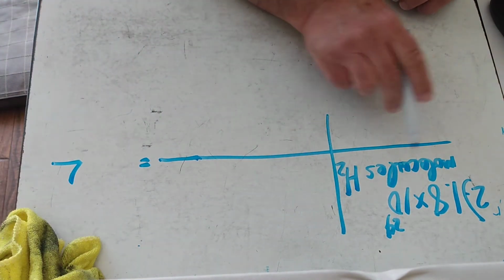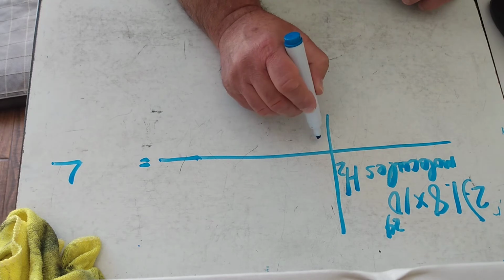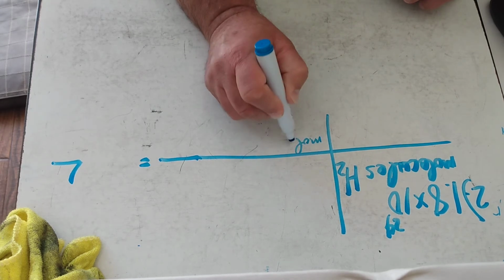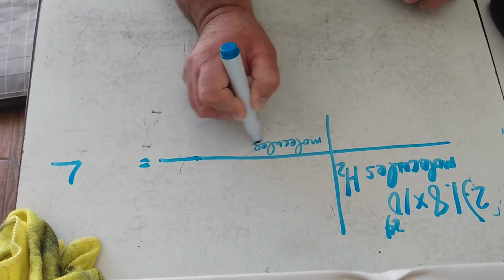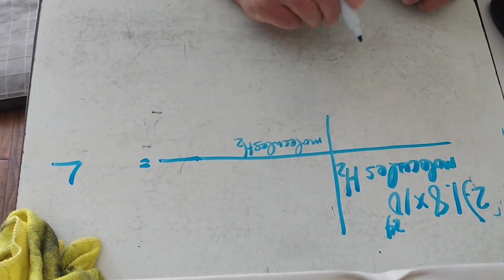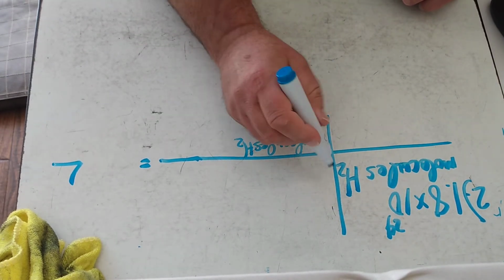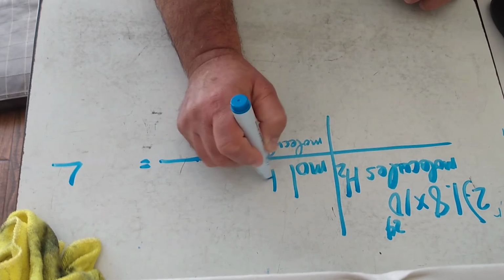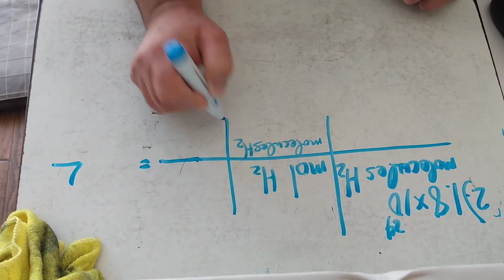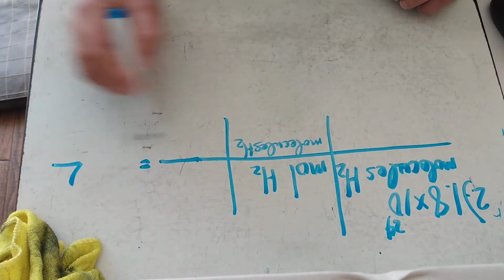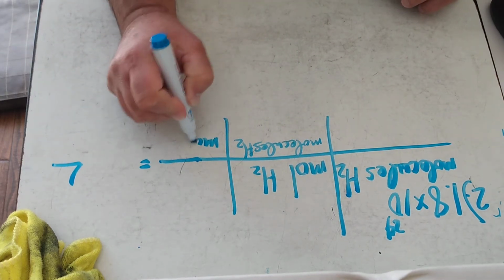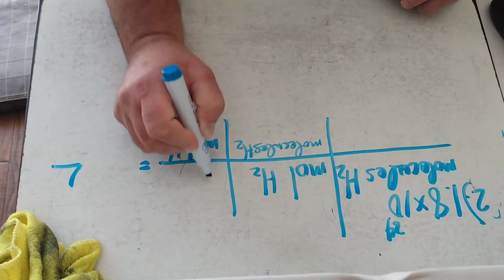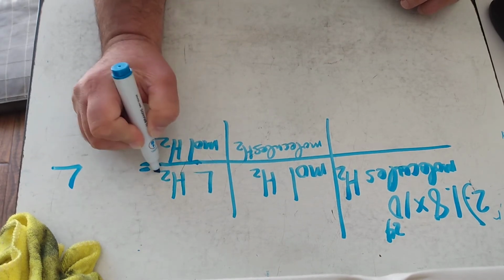We don't want molecules of H2, so we put molecules H2, and we know that's going to equal a mole of H2. We don't want moles, we want liters. So a mole of H2 equals liters of H2.